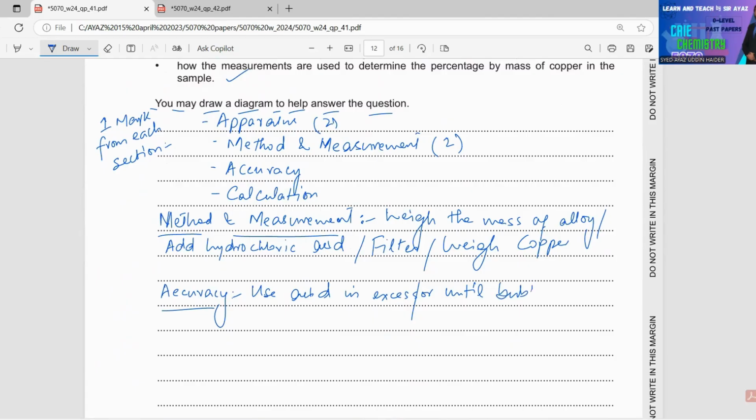You will definitely get bubbles. When acid reacts with metal, they will produce hydrogen gas in the form of bubbles. Bubbling stops. Wash and dry copper. Repeat and take average. In order to get an accurate result, you need to repeat and take average. Now I will write 2 points from this accuracy.